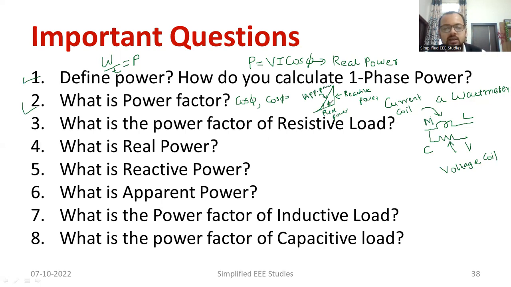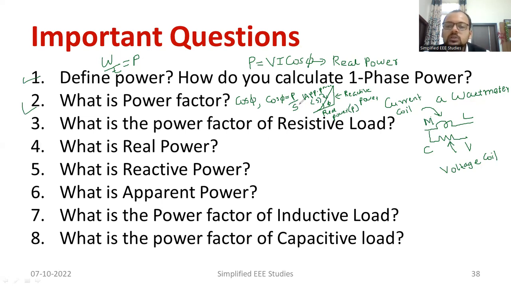This is called a power triangle. So it is a ratio of real power to the apparent power. Real power is depicted by the letter P and apparent power is represented by the letter S. It is a ratio of P by S, real power by apparent power. I think it's clear to everyone.